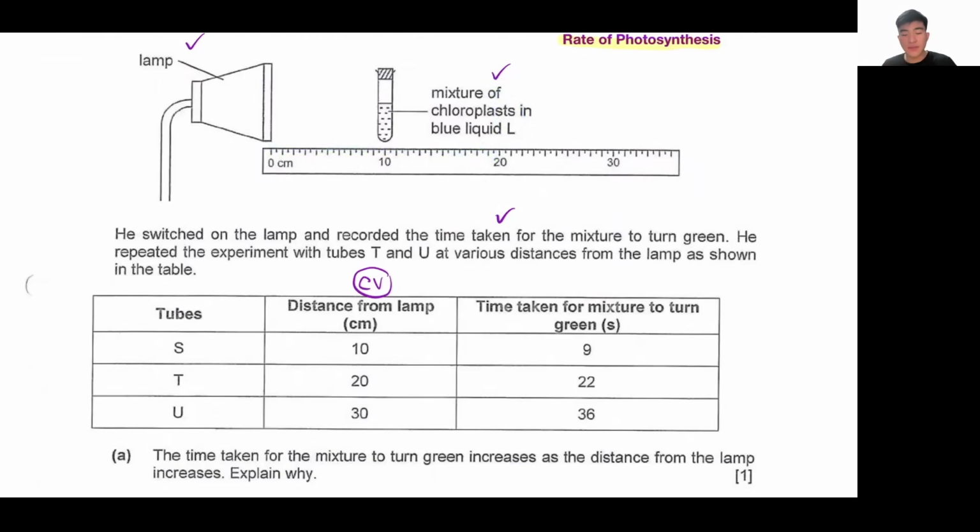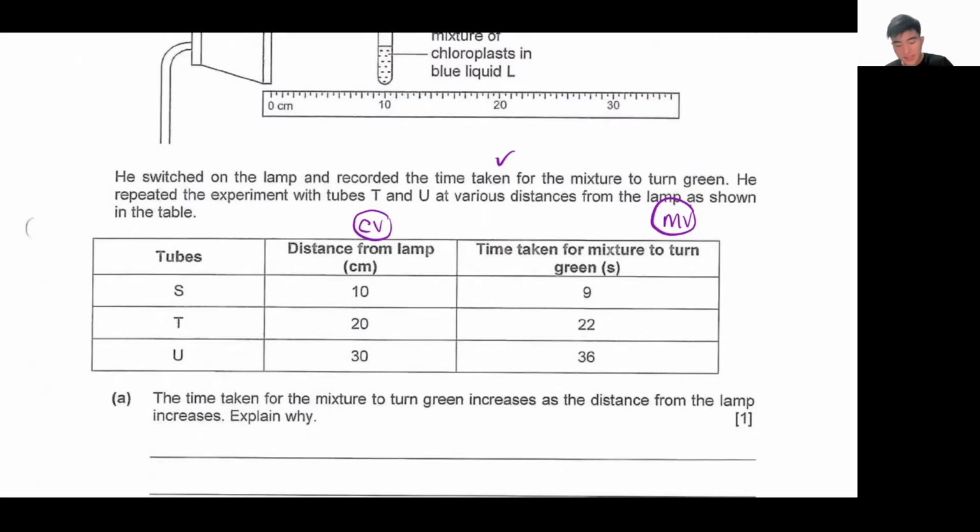That is the change variable. Now, what is the measure variable? The measure variable is the time taken for the mixture to turn green. That also means that the chloroplast has undergone photosynthesis. What you can see is that when the distance is the smallest, the time taken is also the smallest, and when the distance is the largest, the time taken is also the longest.